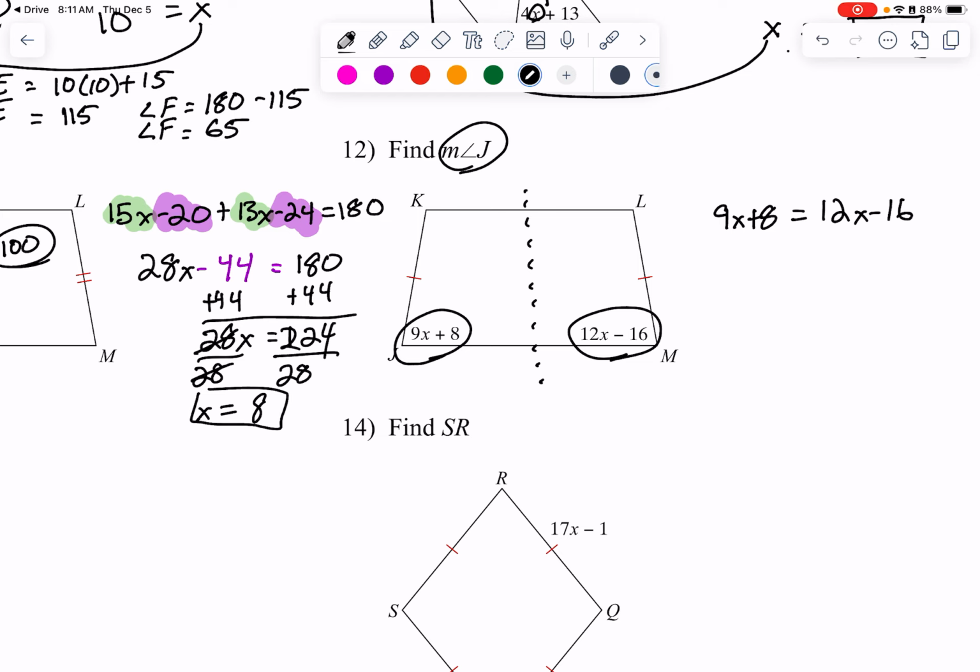So let's see, I'm going to do minus 8. Actually, let's do it the other way. Let's do plus 16 minus 9x, minus 9x. That would give me 24 on the left and 3x on the right. These numbers are much smaller, a little bit more friendly. I can do this more like a mental math.